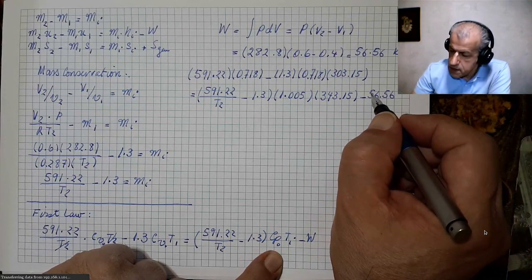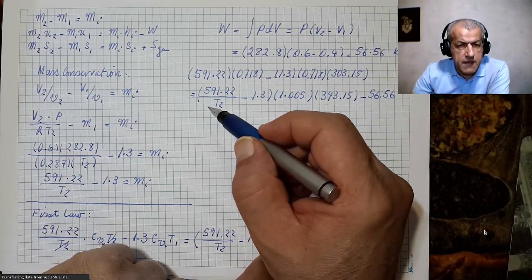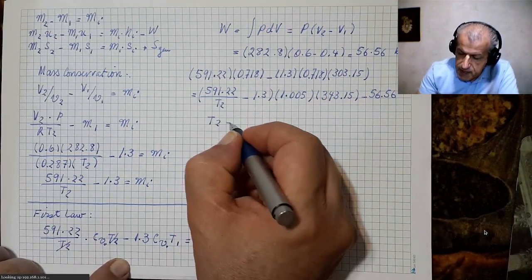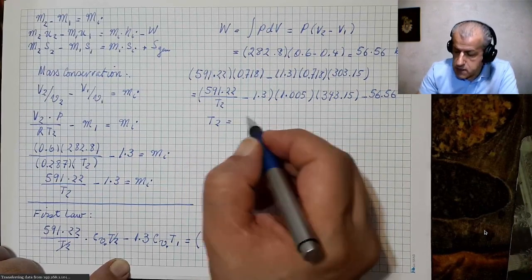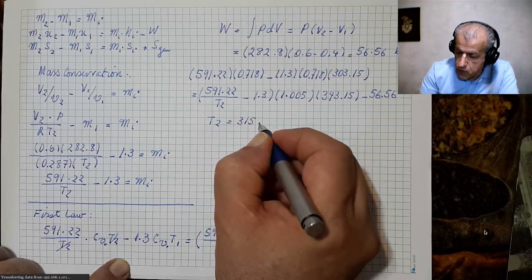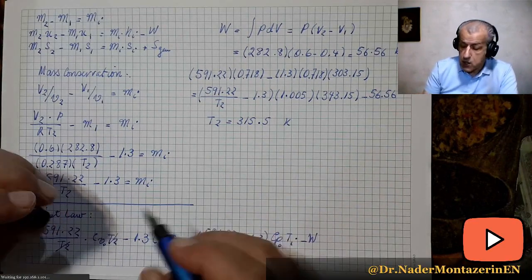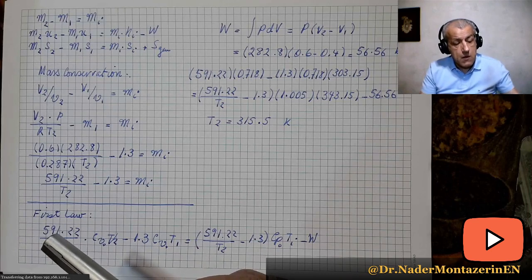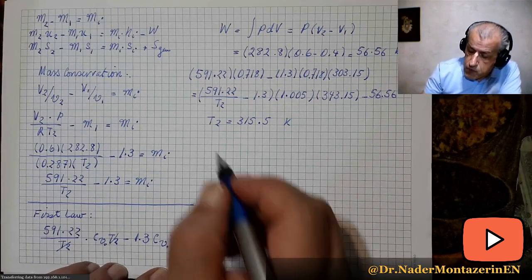And the only unknown in this equation is T2. Everything else we know. So it is just a matter of calculating T2 from this equation, and I calculated it to be 315.5 kelvins. That's a good point, because once we know T2, then we could calculate other properties at 2.